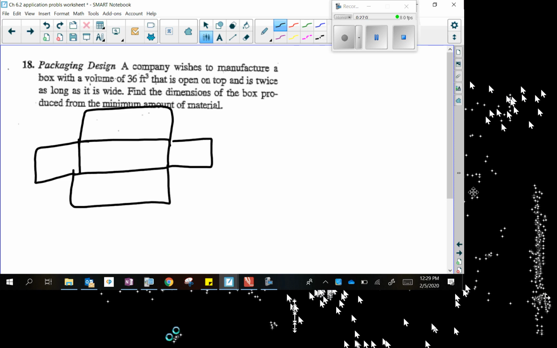So the base is longer than it is wide. This is not a square. But then again, the height has to be the same around the whole thing. So how can we label the box?